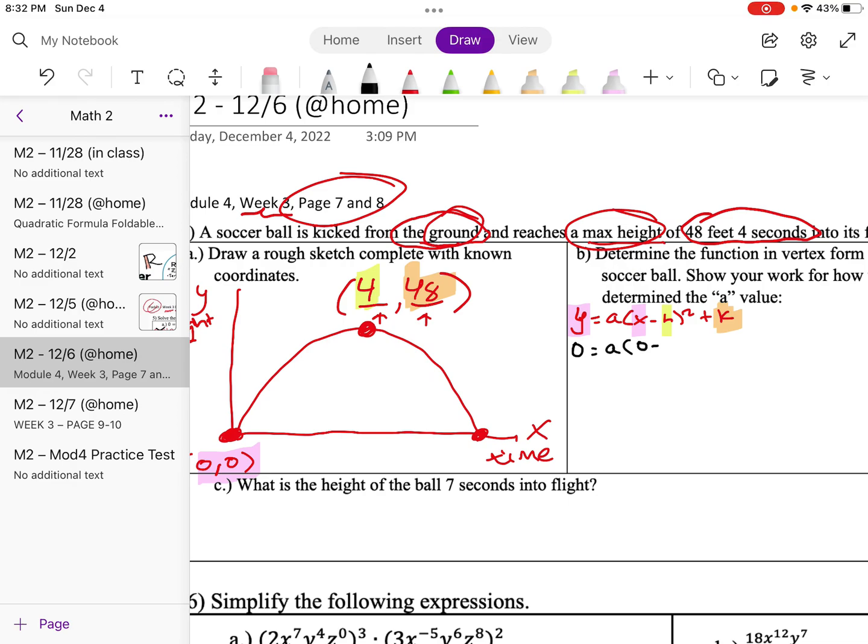So let's plug in everything we know. 0 equals, I don't know a, 0 minus h, which is 4, squared plus k, which is 48. And we need to figure out what a is. So let's start solving. 0 equals a(negative 4) squared plus 48. 0 equals, negative 4 squared is 16, so we're going to put it as 16a plus 48.